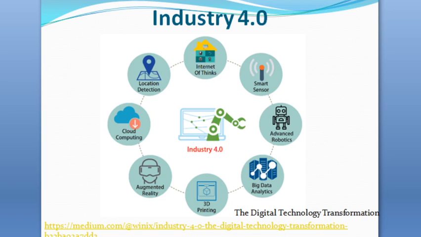Here the data is exchanged through smart sensors, advanced robotics, big data analytics, 3D printing or additive manufacturing, augmented reality, cloud computing, location detection, IoT, Internet of Things. These are all making a smart factory. Under Industry 4.0, additive manufacturing is one of the important ones for making a physical part.